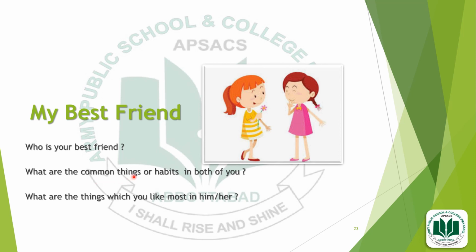You will write down the name of your best friend, and then what are the common things or habits in both of you, what are the similarities between both of you which make you together, what are the things which you like most about him or her, or what are the good qualities which your friend has. You can mention those qualities as well, so you can write down your paragraph.